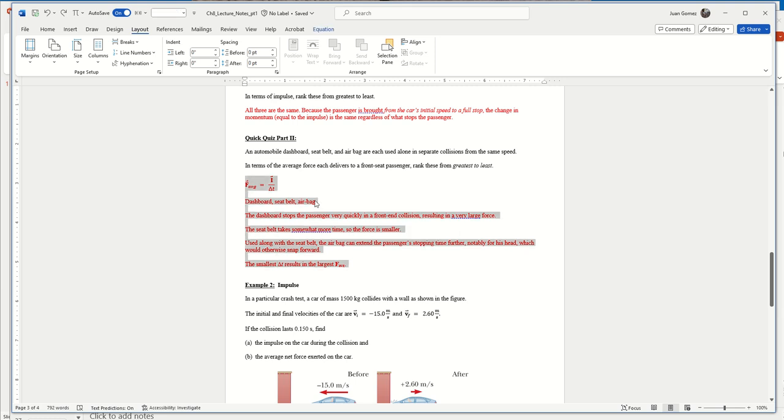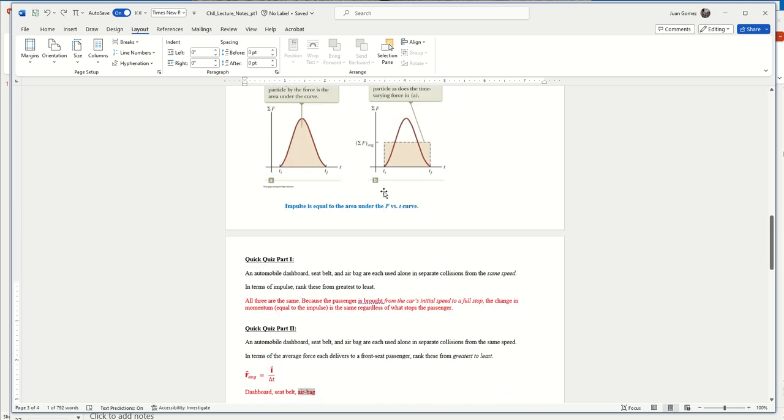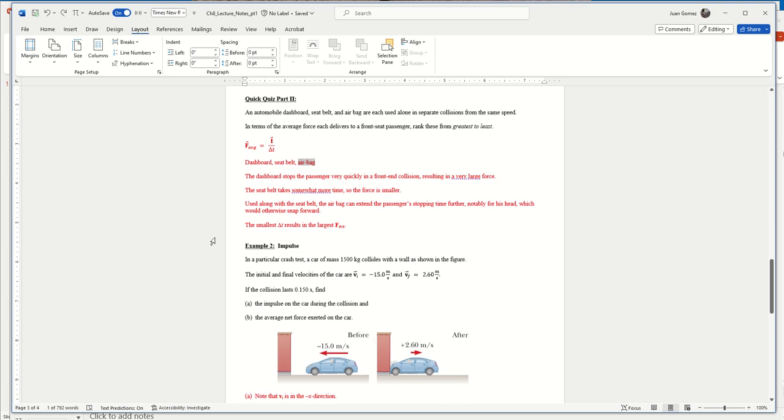So the dashboard exerts the largest force on you, which will do the damage. The force is what does the damage. That's why the airbag has the least force and does the least damage. But again, think about that video of the girl kicking the soccer ball, and I think that explains this graph pretty well. Okay, let me stop this video, and in the next one we'll actually do the numbers.